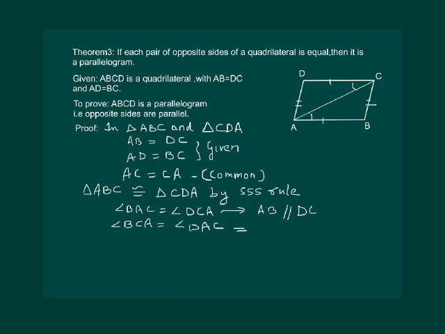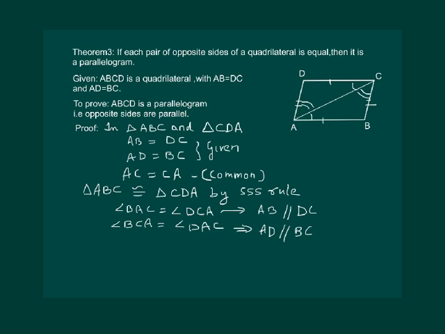Also BCA is equal to DAC. This implies that AD is parallel to BC, as these are alternate angles.